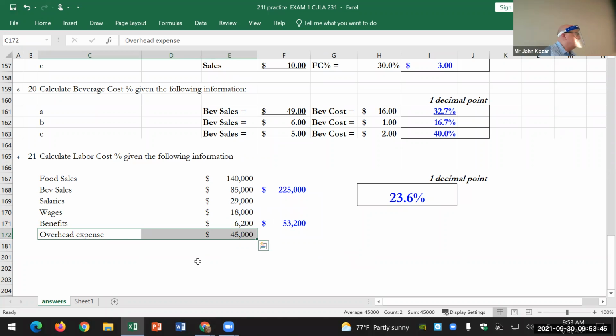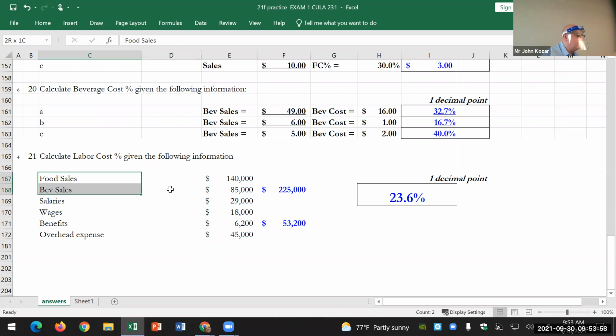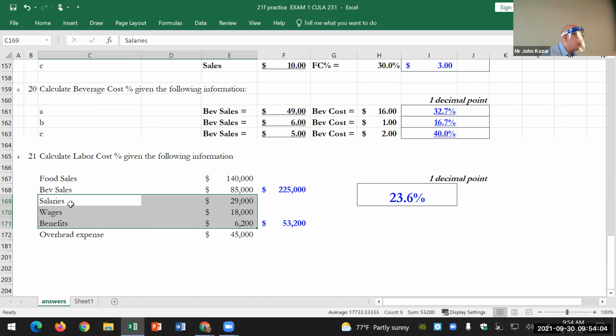So sometimes if I'm being really tricky, I'll shuffle those numbers in a different order, and I'll include numbers that you don't need to do the calculation. And all you have to do is identify what is total sales, and then what is the labor cost. And here it's written on 3 lines: salaries, wages, and benefits.